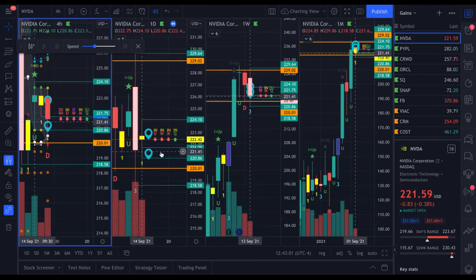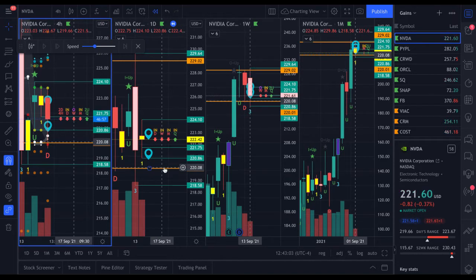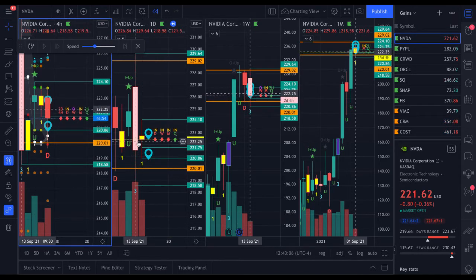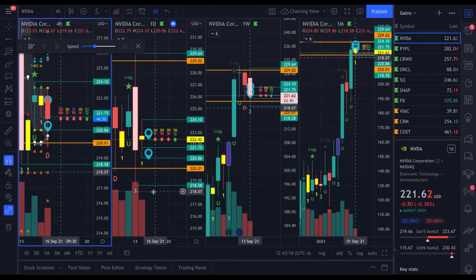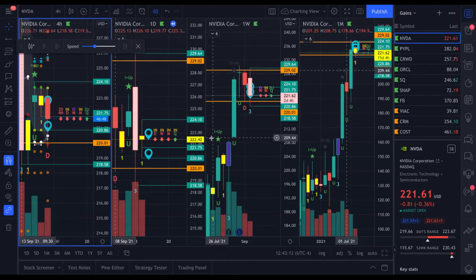So for this to be a bearish reversal, this 3 would have had to have been green. So a green 3, an inside candle, and then the 2 down to be the bearish 3-1-2. But either way, I've seen this work out this way, so I call it a 3-1-2 bearish continuation in this case.